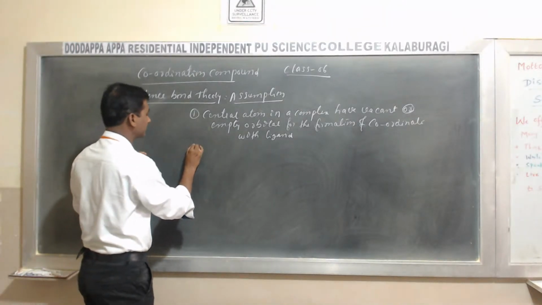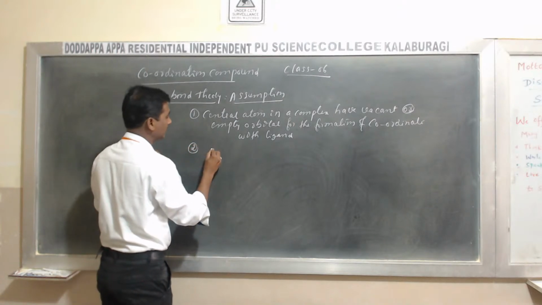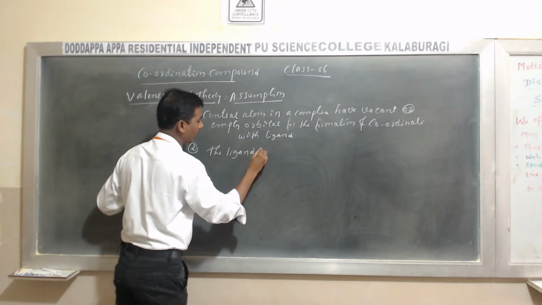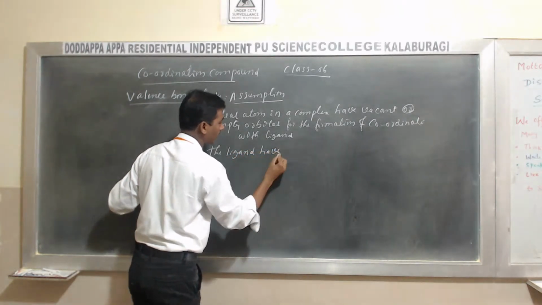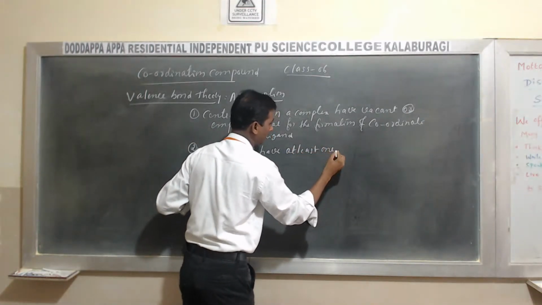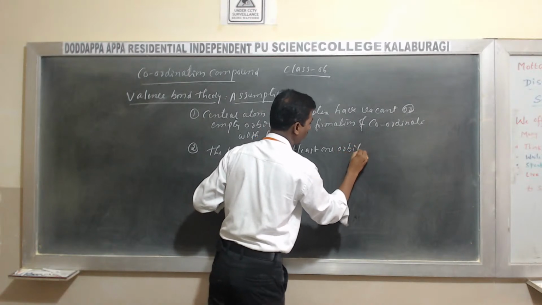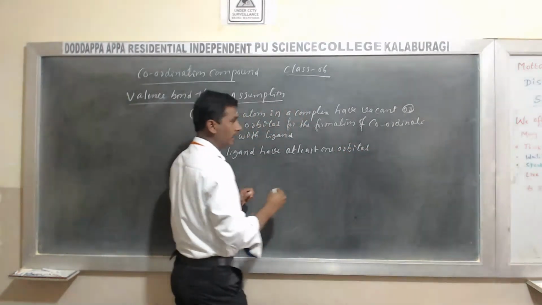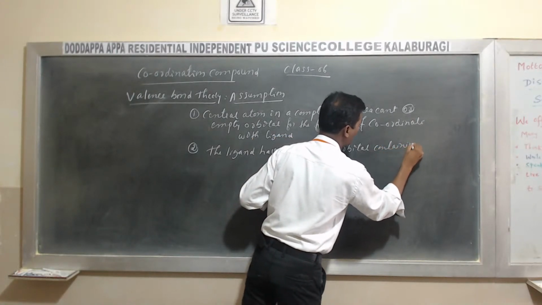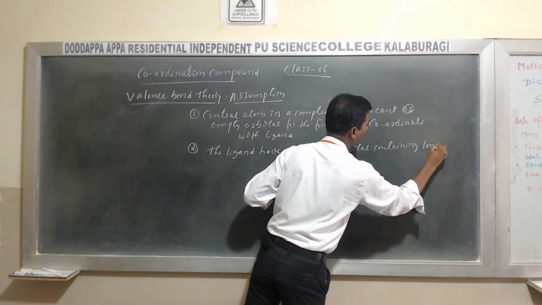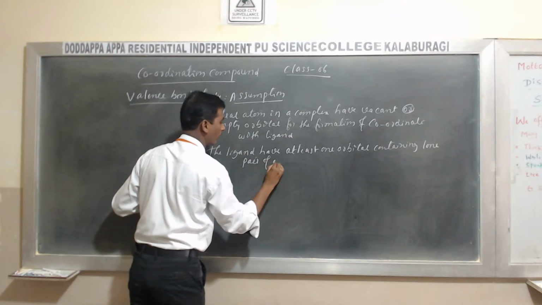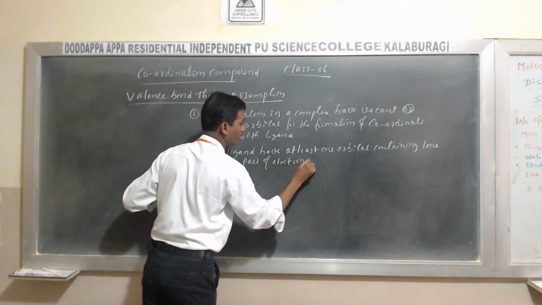The second is here. The ligand has at least one orbital containing a lone pair of electrons.